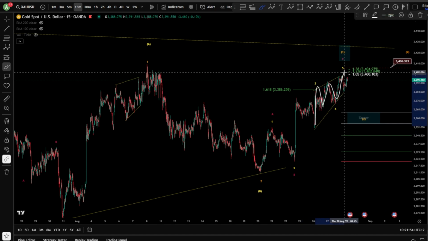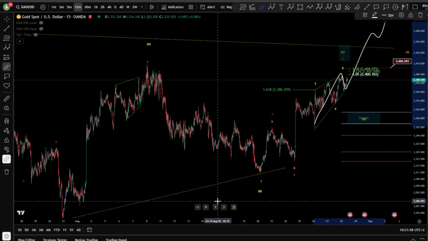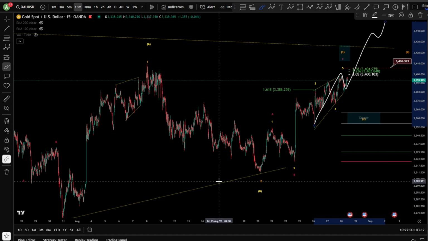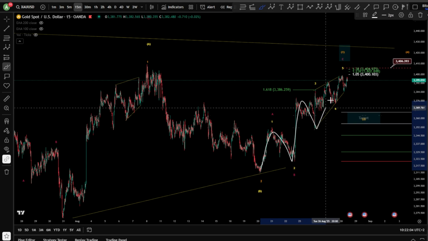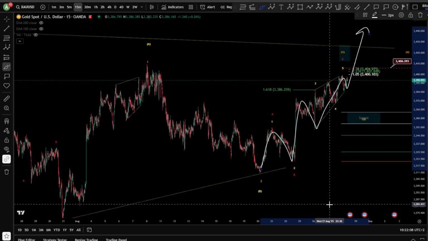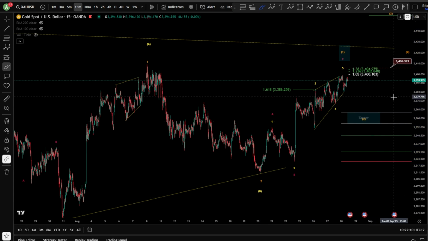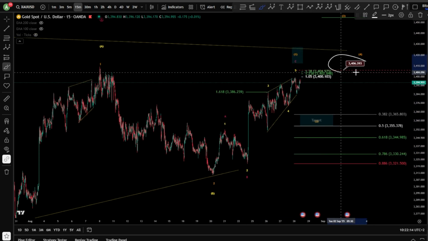So 1, 2, 3, 4, and a 5, unless you get 1, 2, 3, 4, 5. Okay, meaning like something unfolding for higher, and this might be like 1, 2, 1, 2, and another 1, 2, and unfolding massive wave 3. Nobody knows. But the confirmation for all these bullish scenarios is taking, of course, this area.